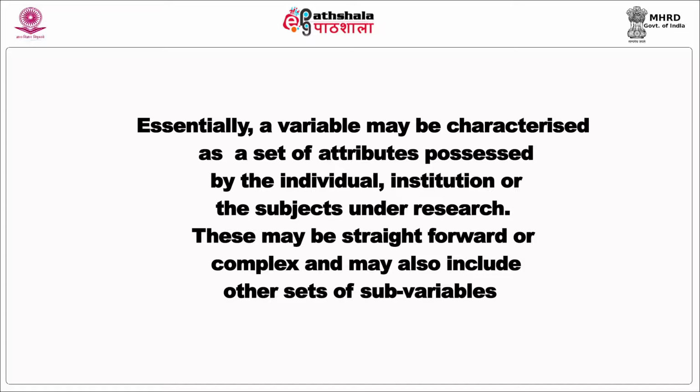Essentially, a variable may be characterized as a set of attributes possessed by the individual, institution, or the subjects under research. These may be straightforward or complex and may also include other sets of subvariables.